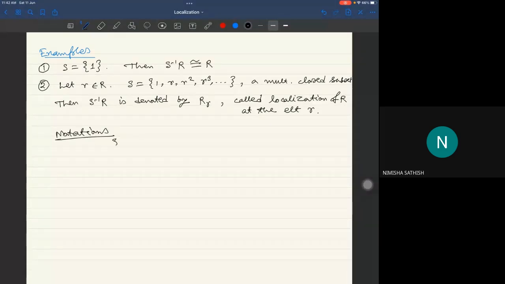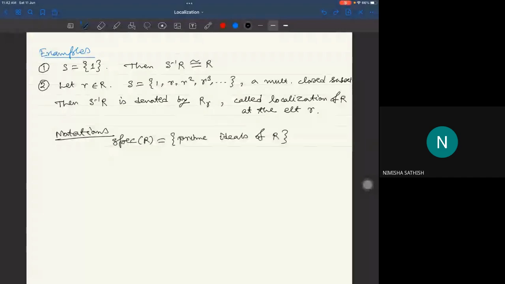Spec of R is the collection of all prime ideals of R. We denote it by Spec of R, and Max of R, or max spec of R, is just all maximal ideals of R.